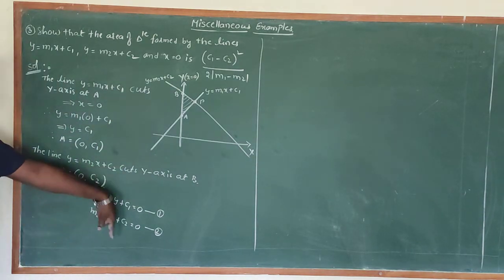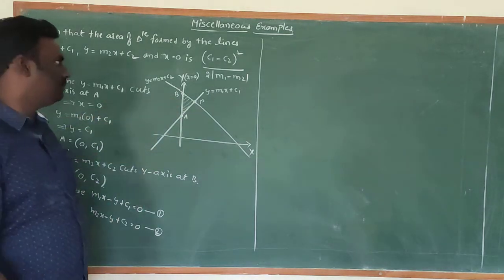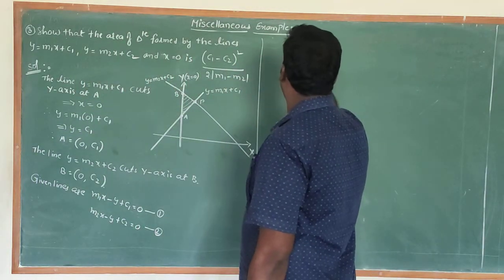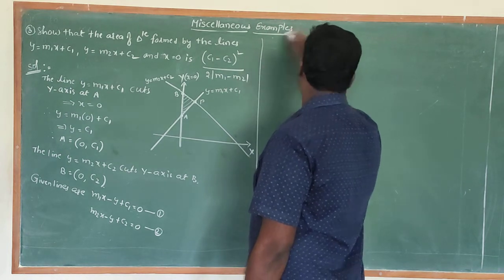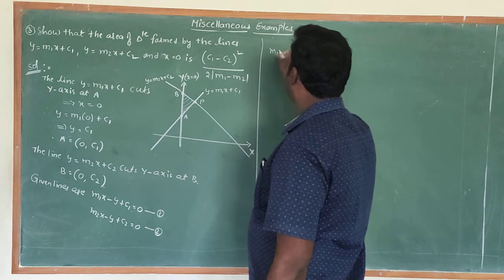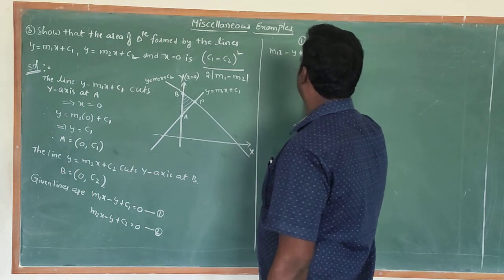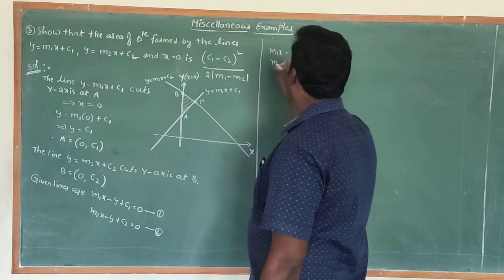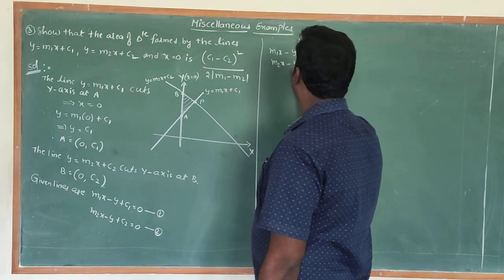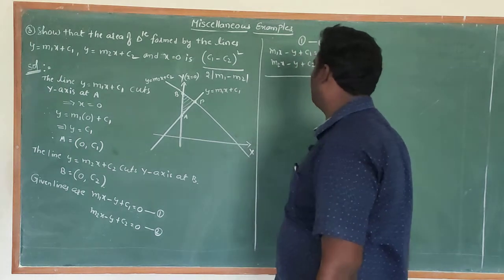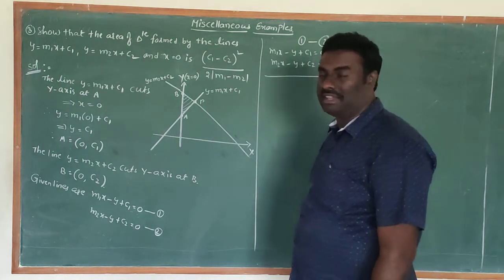If you solve these two, you will get the P point. Now subtract 1 minus 2. While subtracting, symbols will change.